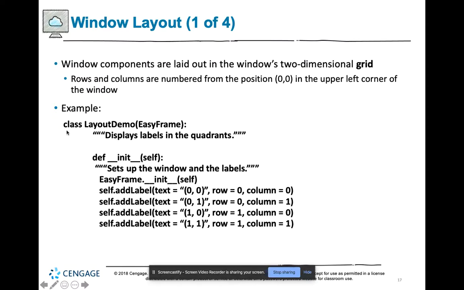So this code down here creates a class called layout demo, and then down here, self.addLabel text equals 0, 0. So this is going to add the text 0, 0 in the 0th row, 0th column, and then do the same thing for 0, 1, 1, 0, 1, 1.